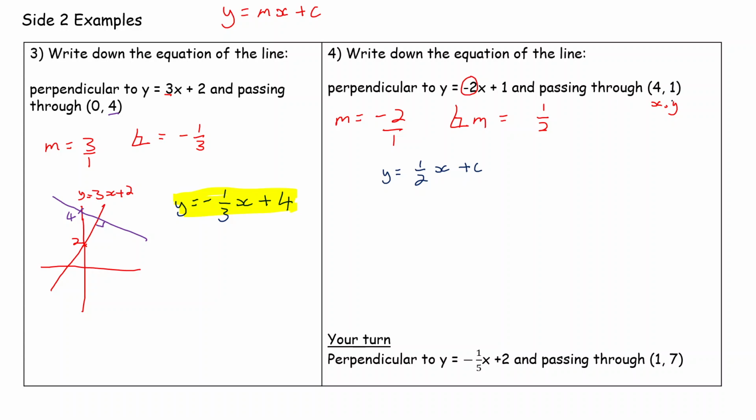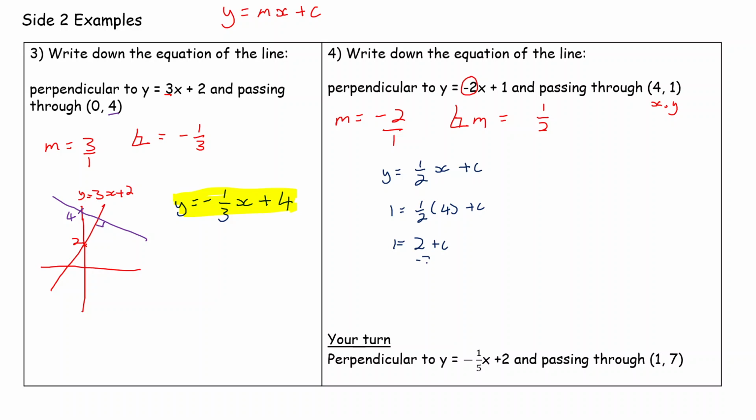So if y is equal to 1, I can say 1 is equal to 1 over 2, my x value is 4, so times 4, and then plus c, which is what I'm trying to find. So I've now got an equation with one unknown that I can rearrange. So 1 is equal to half times 4, half of 4 is 2, plus c.